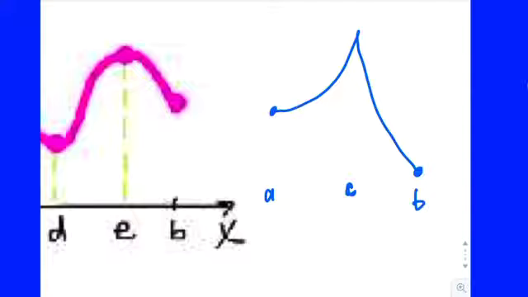No. So, by the EVT, there should be both the absolute max and min. What is the absolute maximum? F of c. What's the value of the derivative at c? DNE at c. What's the absolute min? Not b. F of b, and it occurs at b.